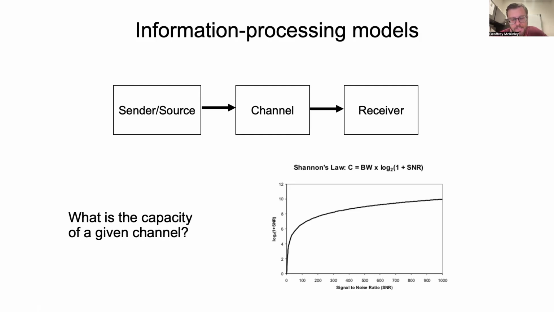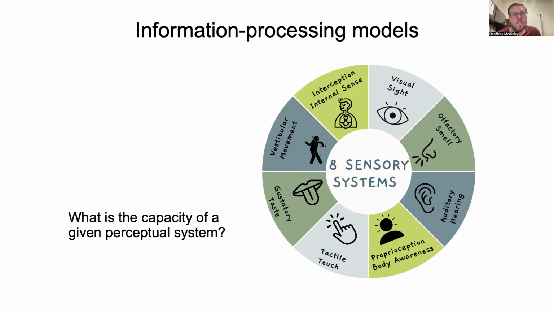In any case, a channel in the context of a human mind would be any type of perceptual system that can be used to process information. So, for example, you collect visual information with your eyes, auditory information with your ears, tactile information with your hands but also the skin of your body, gustatory information via your taste buds, etc. As an aside, there are more than five senses, right?